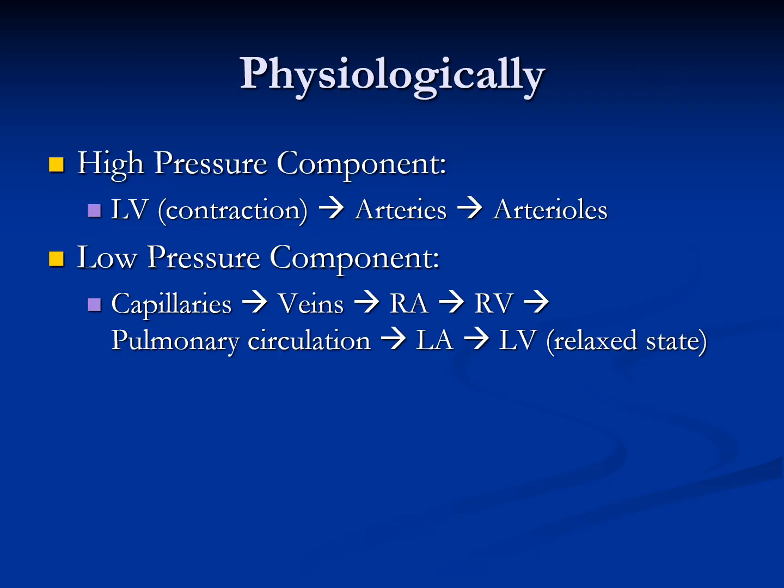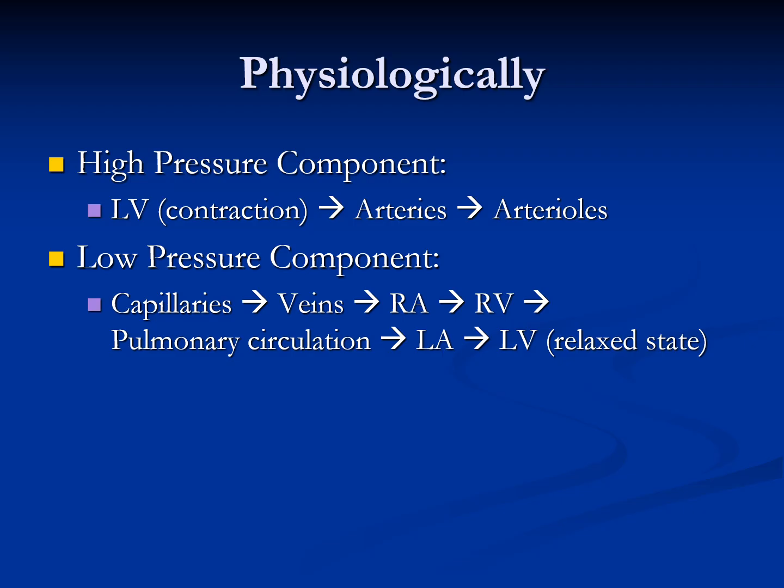Now, physiologically, if you follow blood flowing in series from the left ventricle all the way back to the left ventricle, there are two different components of the circulation, a high pressure component and a low pressure component. Meaning, the left ventricle in systole, when it contracts, generates a certain pressure, 120, 140, 150 millimeters of mercury, and therefore ejects a certain stroke volume of blood at this high pressure.